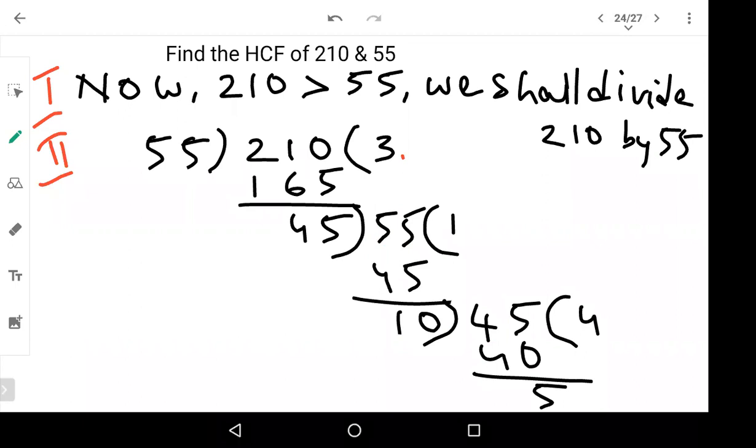And then I have 55 here. This 55 will come down. And now I'm going to reduce that again. So 45 into 1 is 45. So I have remainder 10.